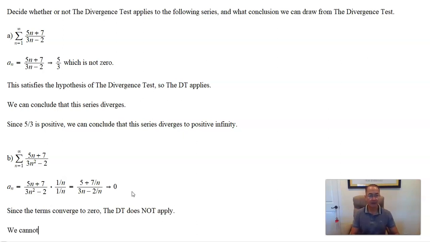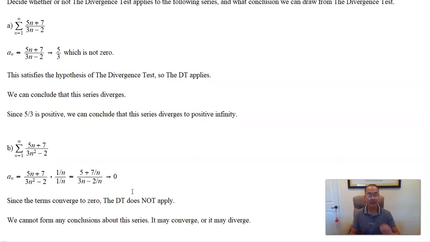We cannot form any conclusions about this series. It may converge or it may diverge. Actually, in a couple of videos, we will find out that this series, in fact, diverges. So it may or may not converge; in this case, it diverges.